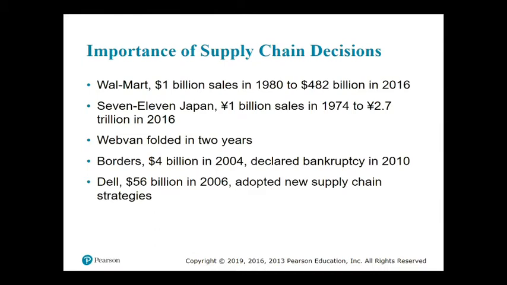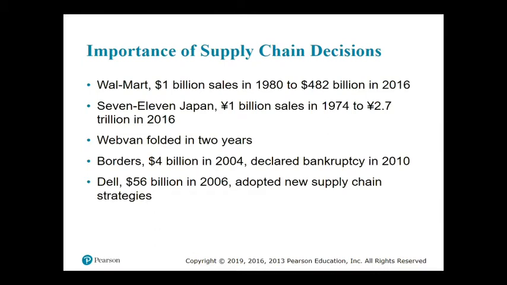Who is that player? Can you guess? Amazon. Yes. So that's an example of not anticipating the shift in customer purchasing behavior.